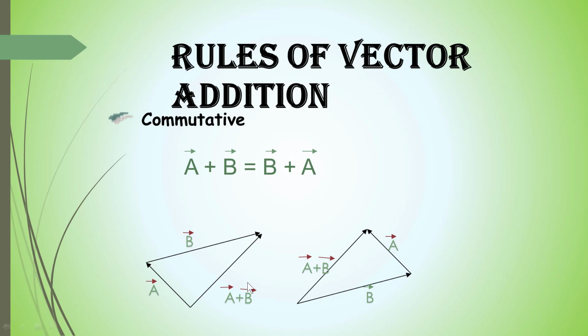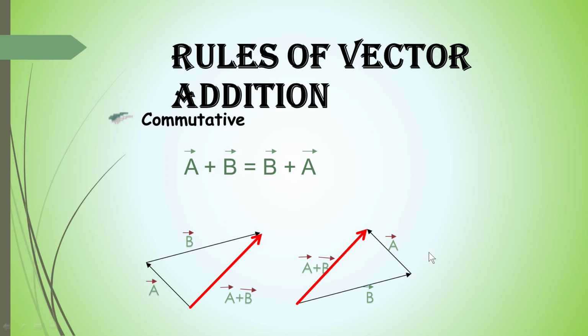For example, you can see over here that we have vector a and vector b. First we place vector a, and then at the head of vector a we place vector b. So our resultant will be a plus b, okay. And over here, first we draw vector b and then we draw vector a, and again the resultant is the same, a plus b.